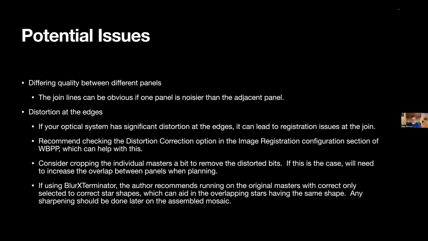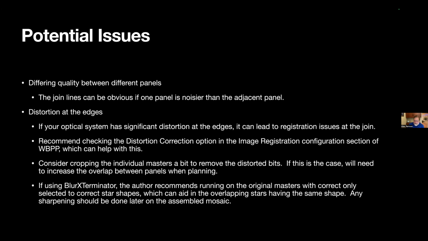If you do that, you're going to have to make sure when you acquire the data that you have more of an overlap. So maybe that's where you use a 20 or even higher percentage overlap between the panels, because you're going to be hacking off some of those individual edges.